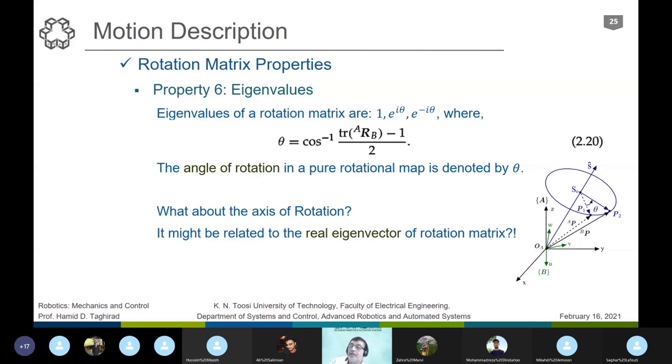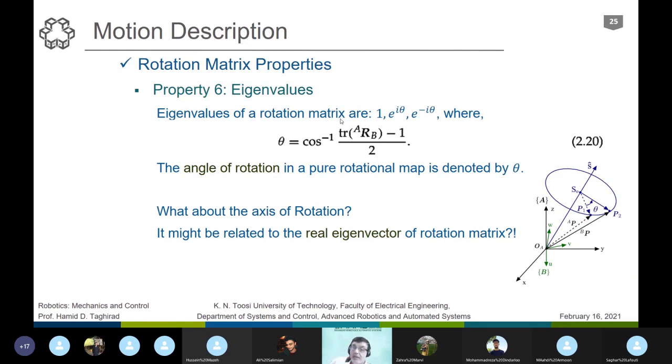It means that it has 3 eigenvalues. One of them is 1. The 2 other ones are complex conjugates, e to the power plus j theta and e to the power minus j theta, or cosine of theta plus or minus j sine of theta.